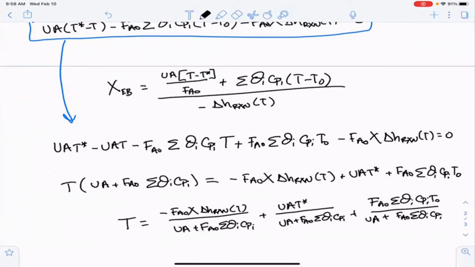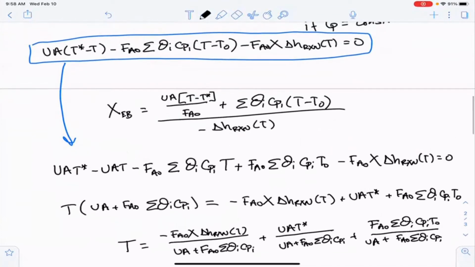When you don't know that, you're going to end up solving these either using MATLAB or Excel or something like that. And you will set up a spreadsheet where you're solving for the heats of formation for all of the products and reactants at the initial temperature and the final temperature.